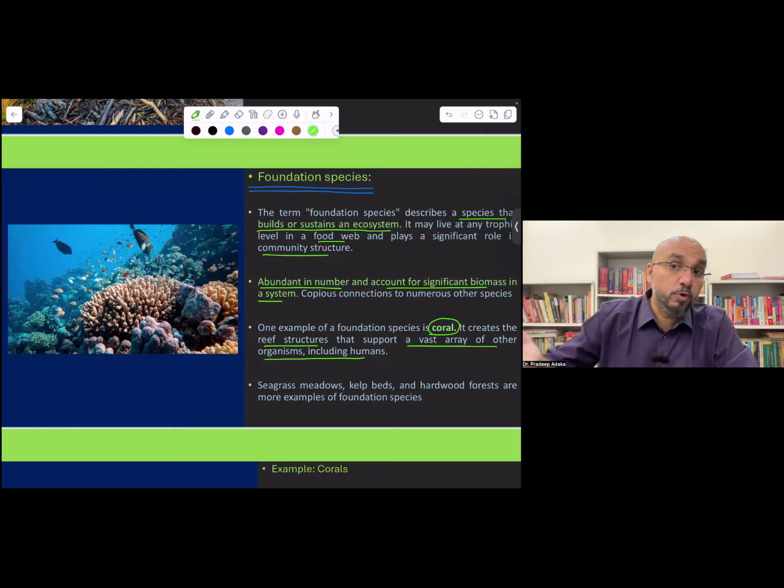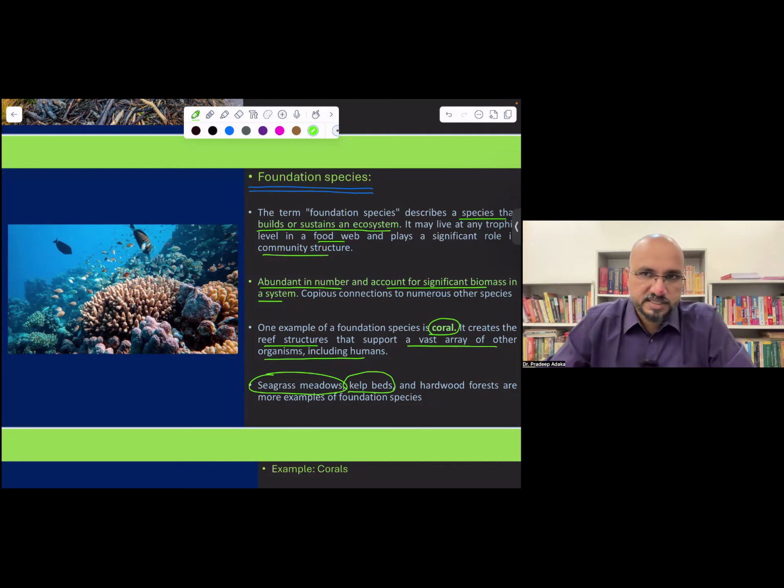Apart from coral, what are the other examples of foundation species? Seagrass meadows, that means seagrass which is found in the littoral zone of water bodies, oceans. Then kelp beds. Kelps are basically large seaweeds. Hardwood forest, the trees, they are the foundation species in the forest.